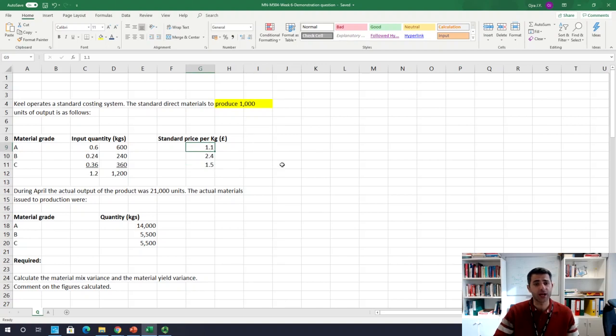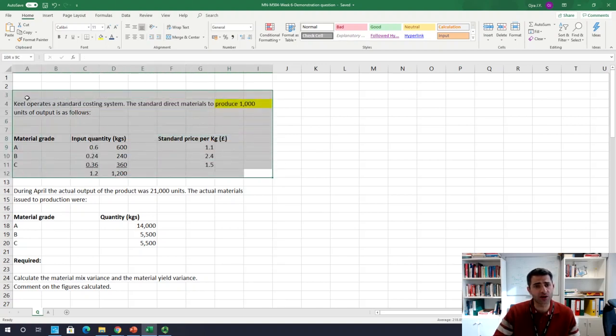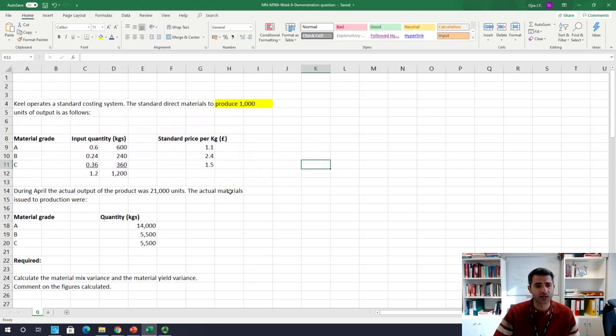Now these are the standard figures. Now we need to look at the actual figures. When you look at the actual figures, you can see that the actual output is 21,000 units. These are the actual materials used: material A 14,000 kilogram, material B 5,500, C 5,500.